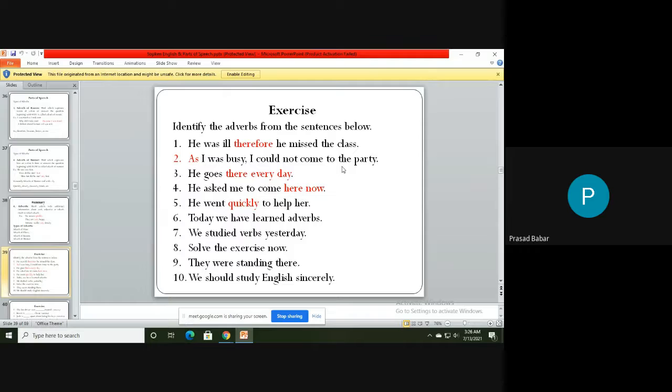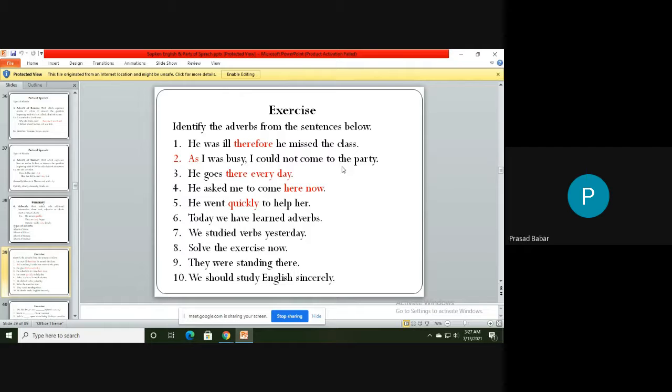In the next sentence, today we have learned adverbs. So identify the adverb in this sentence. Today is the adverb in the sentence and it is the adverb of time. In the next example, we studied verbs yesterday. आम्ही काल verb शिकलो.